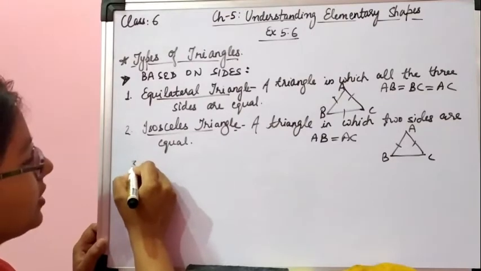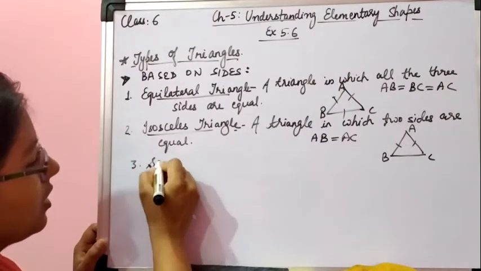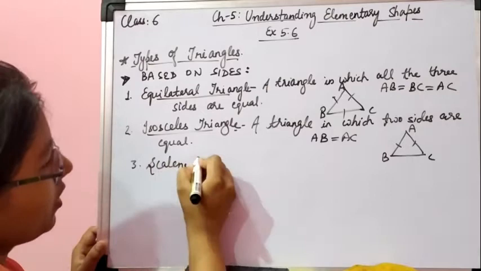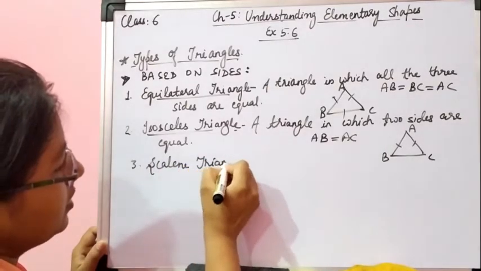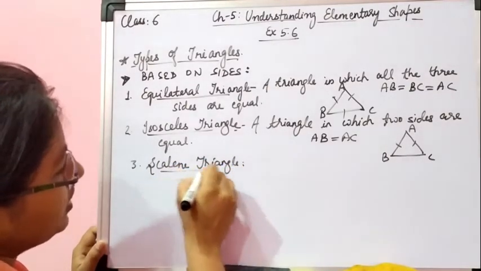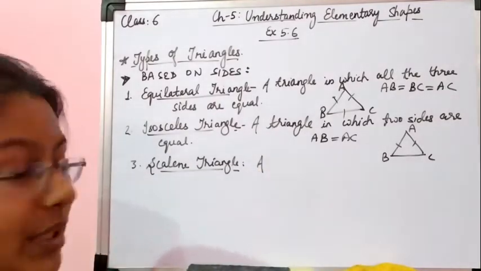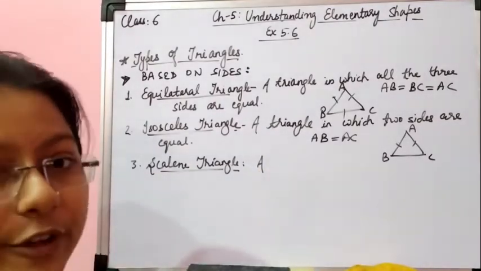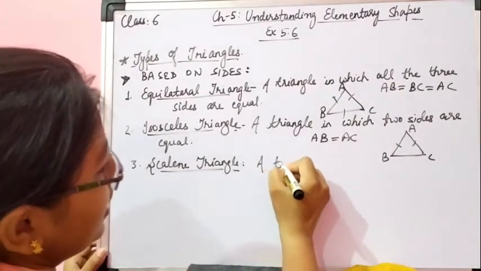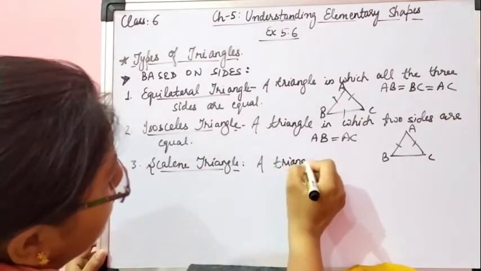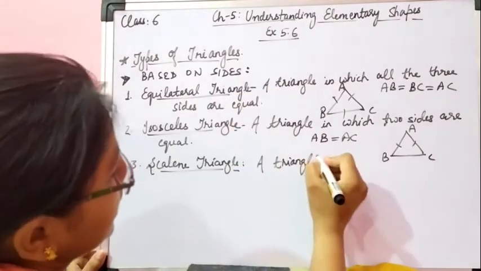Now the third one is the scalene triangle. What is this? In this no sides are equal, meaning all the three sides are of different length. So it's very easy to identify these triangles on the basis of sides.